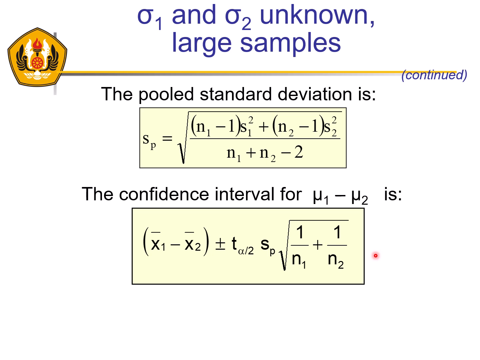If we assume that sigma squared is similar, we can say that s1 squared equals s2 squared, so we can make it simpler, just like this.